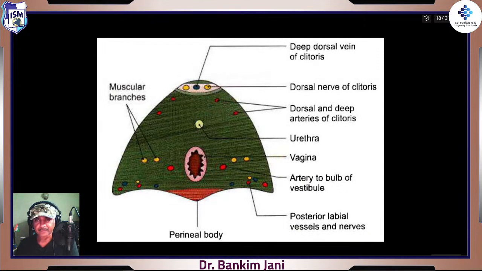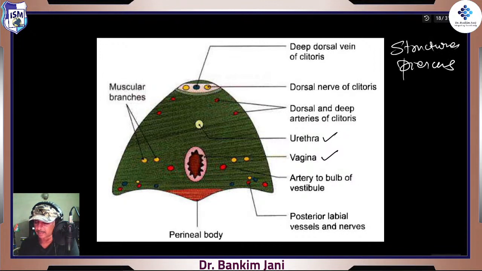Okay. What are the structures which will be piercing the perineal membrane? Right from the urethra and the vagina, these are the two important ones. Apart from this, most of the vessels will have very similar corresponding names.